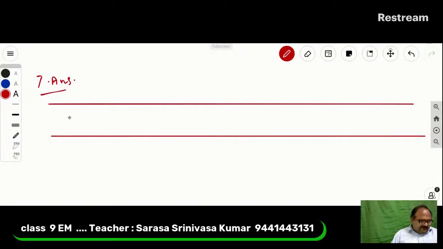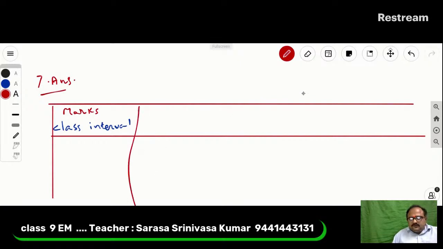The first column is marks, that is the class interval. The second column is tally marks.